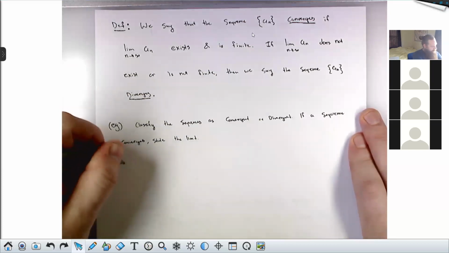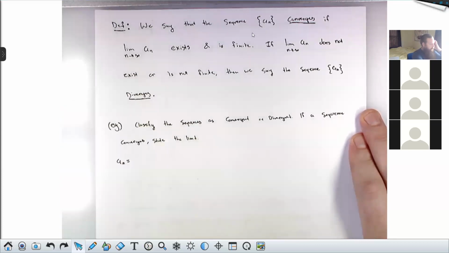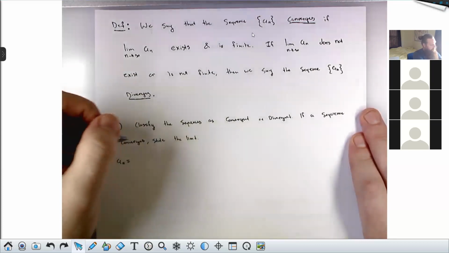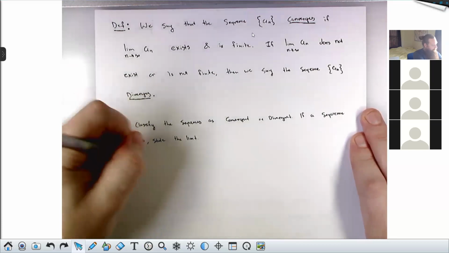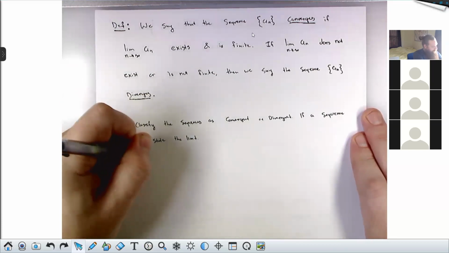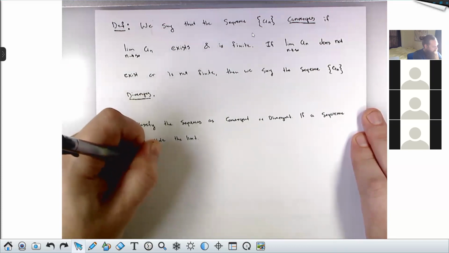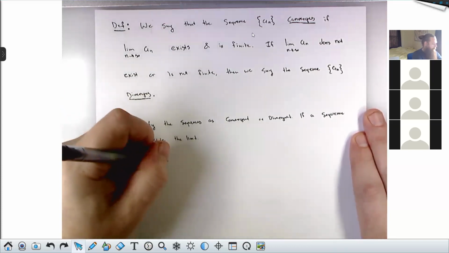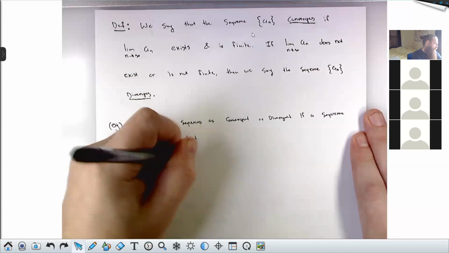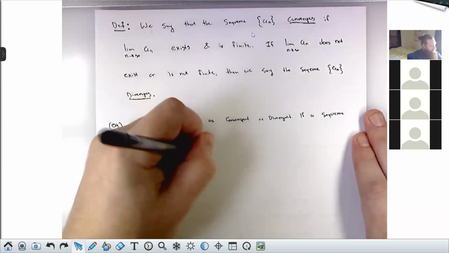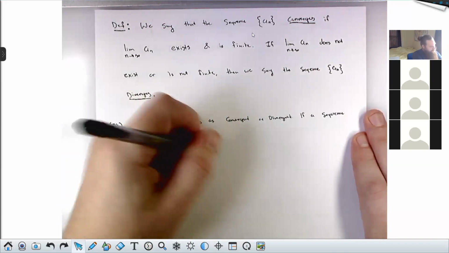How about an equals n plus 2 over n plus 5. How about bn equals 2 to the negative n.